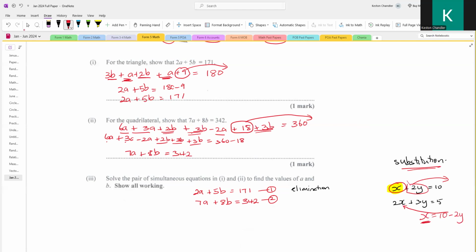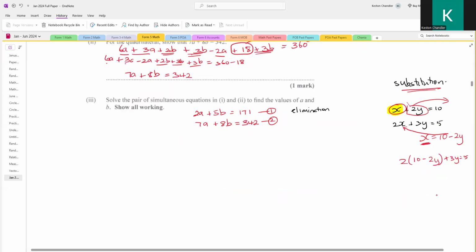So anywhere I see x, I can put 10 minus 2y. We have just substituted here for x 10 minus 2y, and by doing that we now have an equation where there's only one unknown, meaning there are no more x's and y's, but only y. So we could solve for y here.